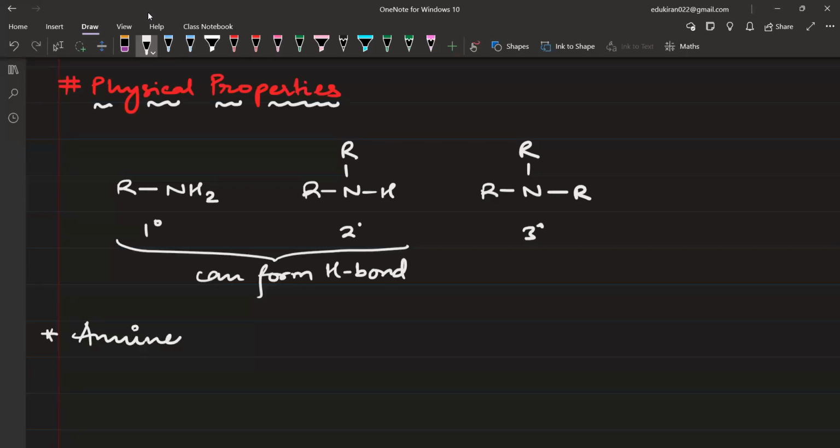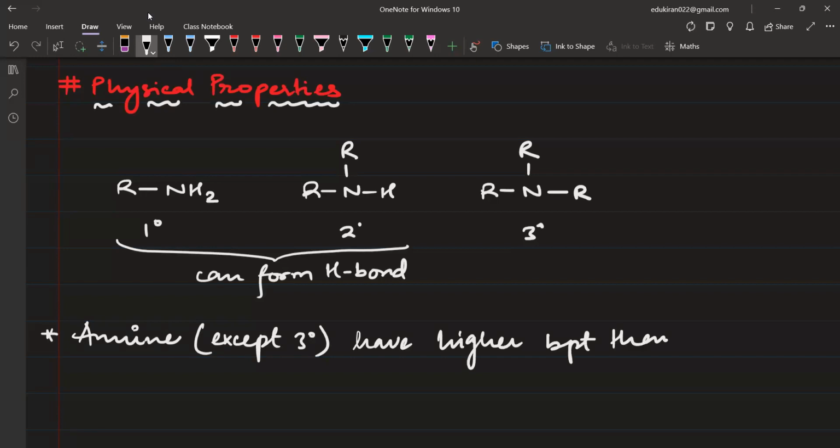Amines, except 3 degree, have higher boiling point than corresponding hydrocarbon.